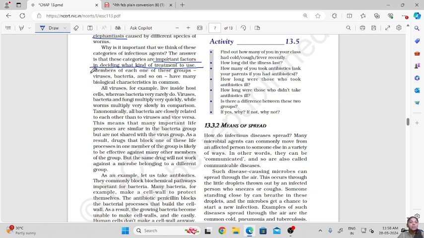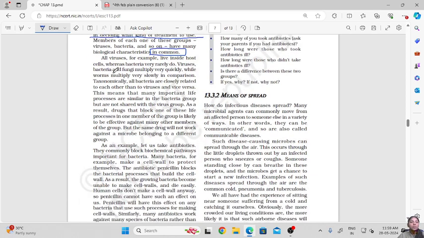So let us see. Members of each of these groups, like virus, bacteria and so on, have many biological characteristics in common. For example, all viruses live inside host cells, whereas bacteria very rarely do.